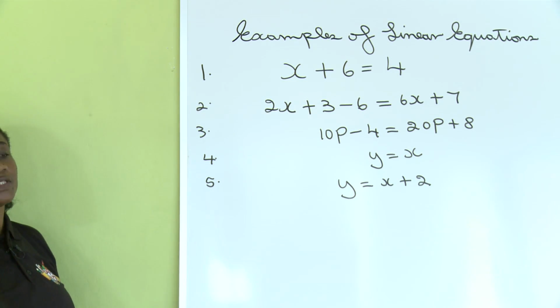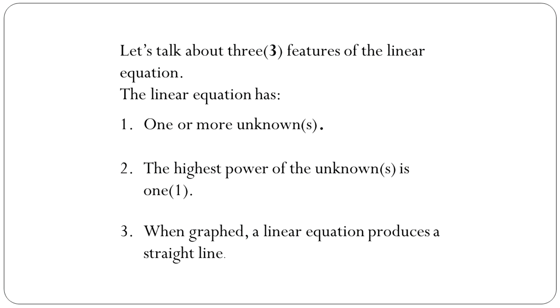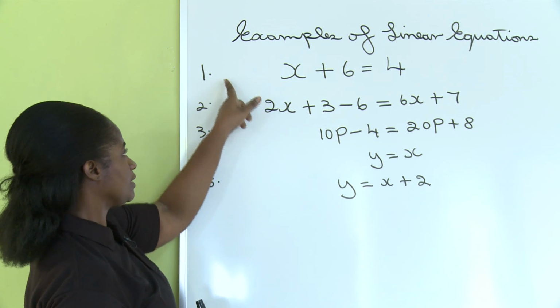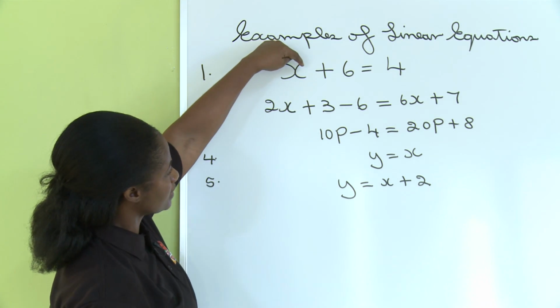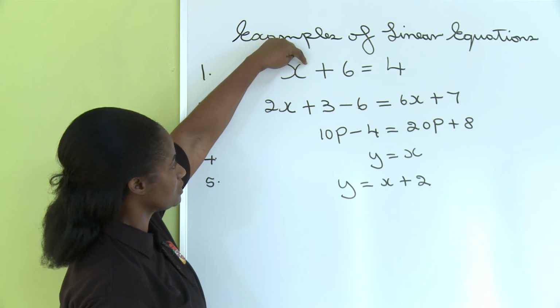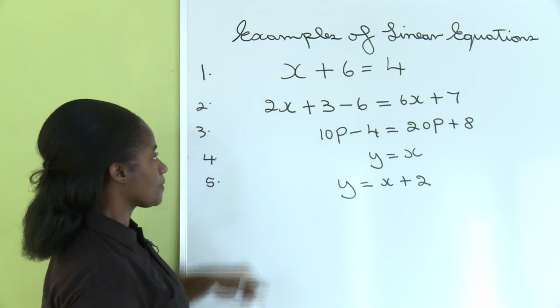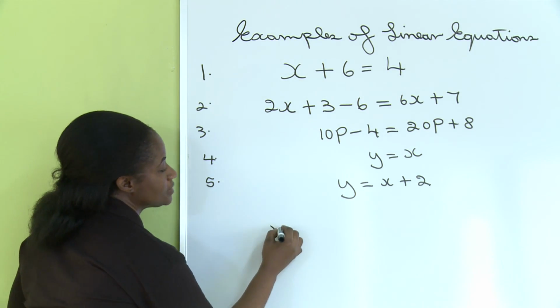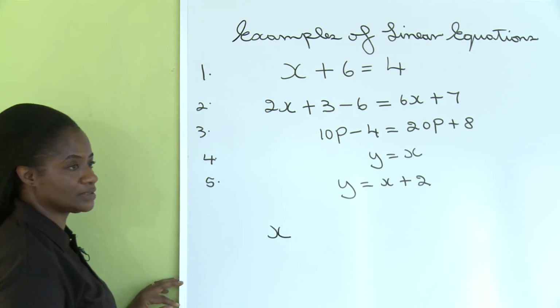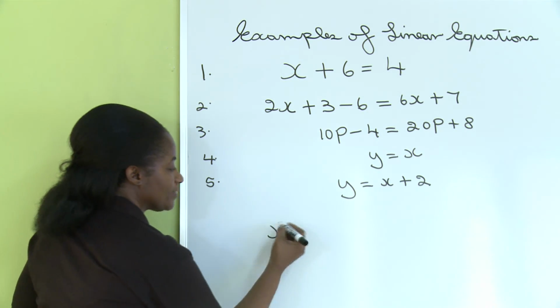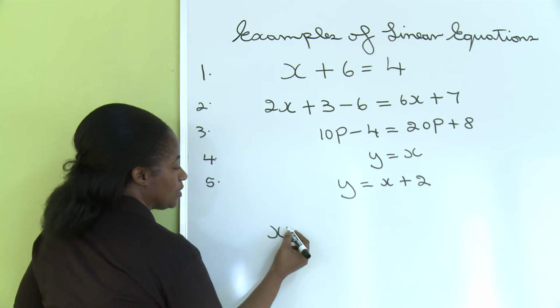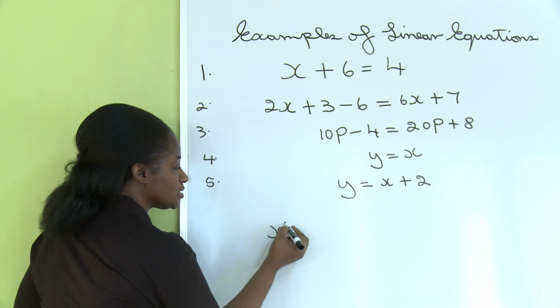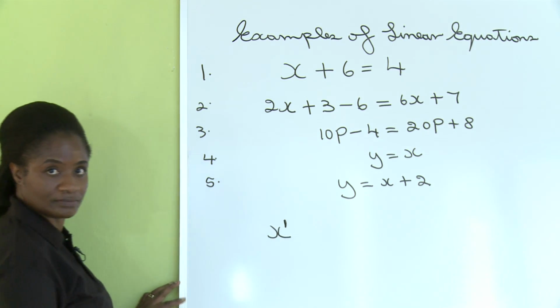In the second feature of the linear equation, the highest power of the unknown should be 1. Here, you can see that the highest power of x is indeed 1. Just let me say that when we write a variable in mathematics without an exponent, without a power, it is understood that the power is 1.